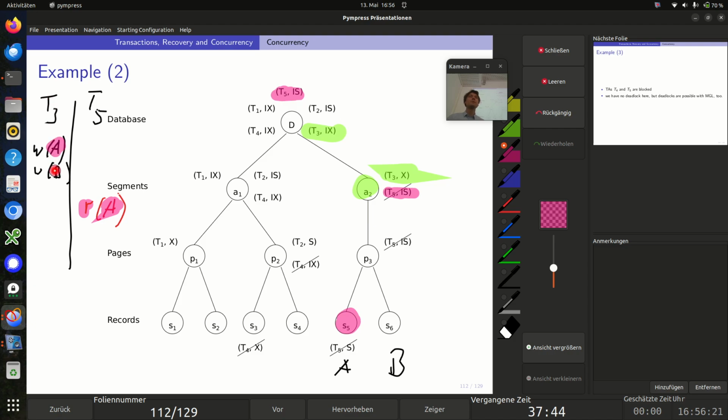This transaction must release its locks before T5 can acquire this. So T5 has to wait until here, free, and then there would be free exclusive of A, free of B, before T5 could lock A.